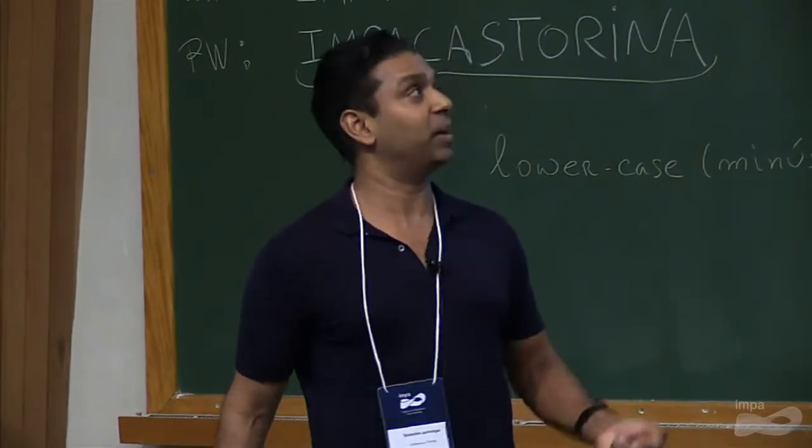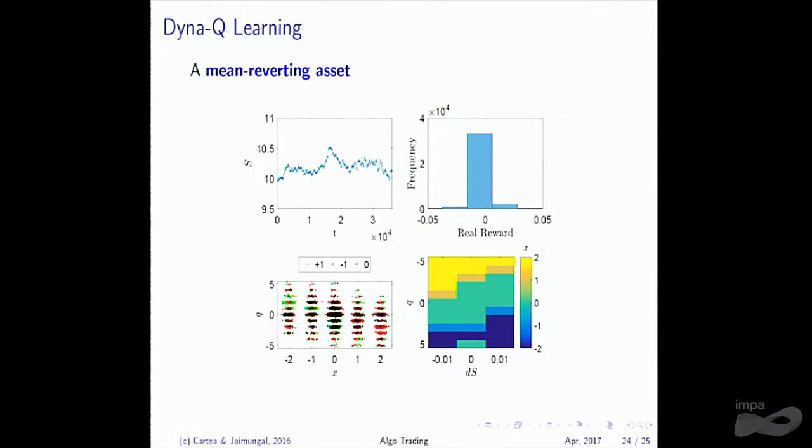That's basically what happens. Okay, so what do I have here? Two simple examples of how this worked. So this was a toy model. Actually, both of these things are toy models. This was a toy model where I created a fake world that had mean reversion in the asset price.